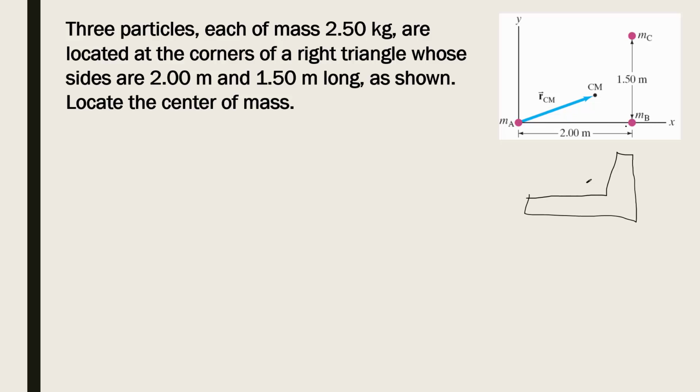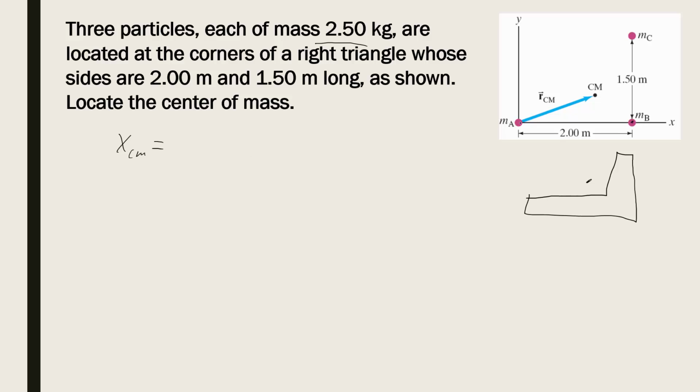If we want to calculate this actual location, given some information here, then you do it separately horizontally and separately vertically, and then you just get the x and y coordinates. So in this case, they all have masses of 2.5 kilograms, and then we have these distances here. If I'm just looking at the center of mass in the x direction, then I could ignore any differences in vertical height. So essentially I treat MC as if it's right here on top of MB at the same horizontal location.